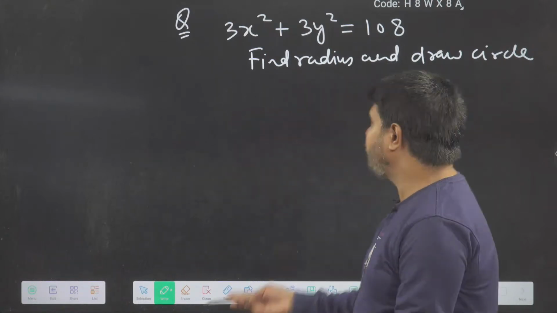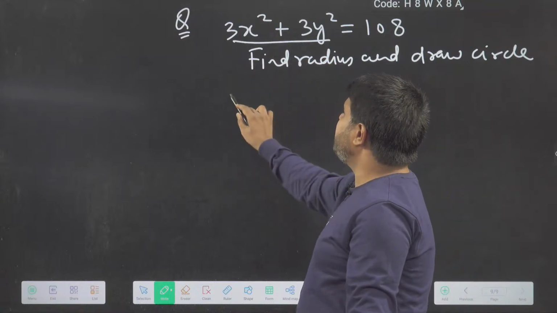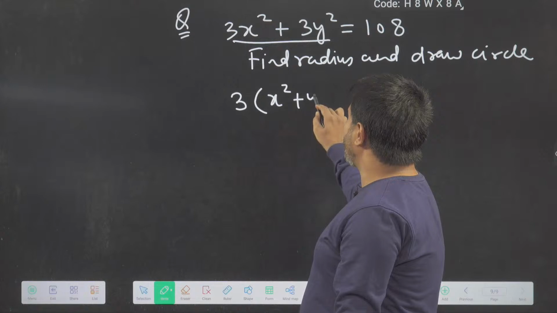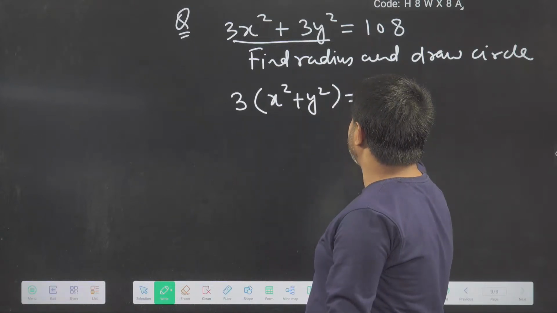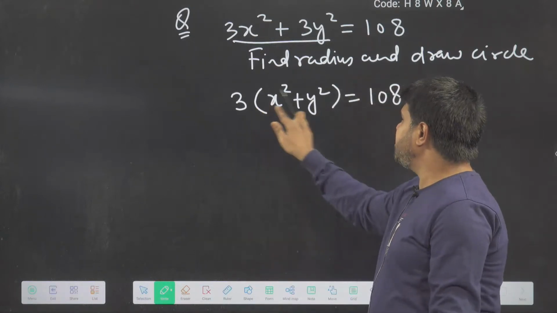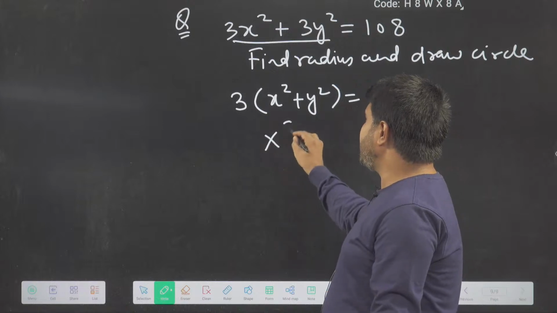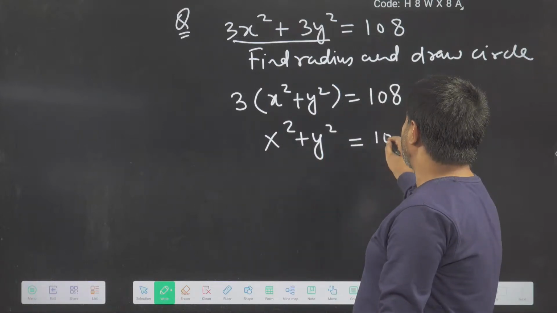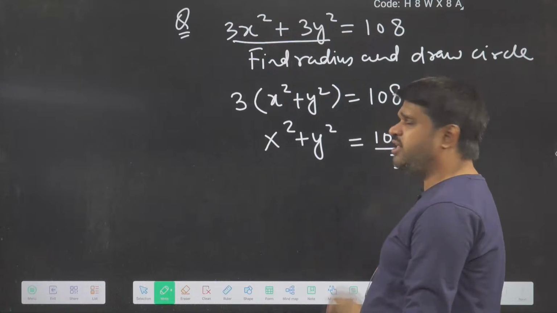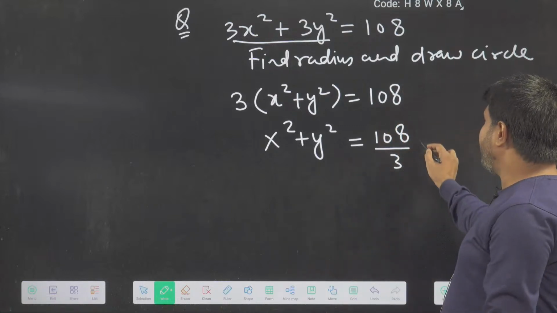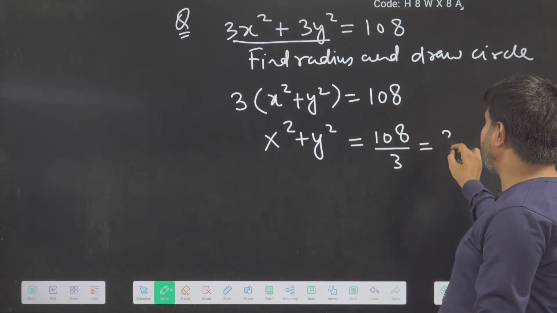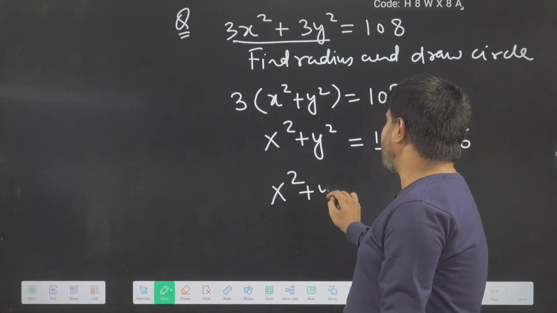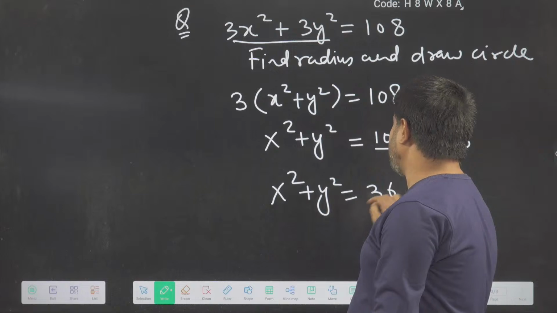Okay, so let's go for it. What can be taken common? 3. What I got: x square plus y square equals 108. Bring this 3 here. x square plus y square equals 108 by 3. When you do 108 by 3, it is 36. So x square plus y square equals 36.